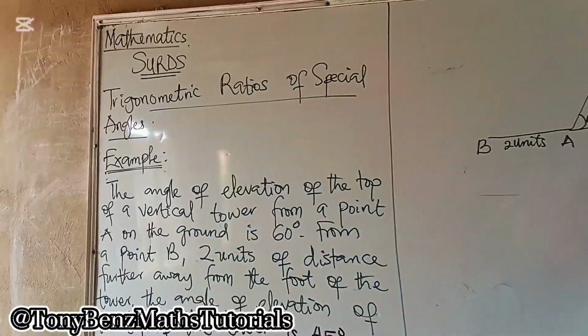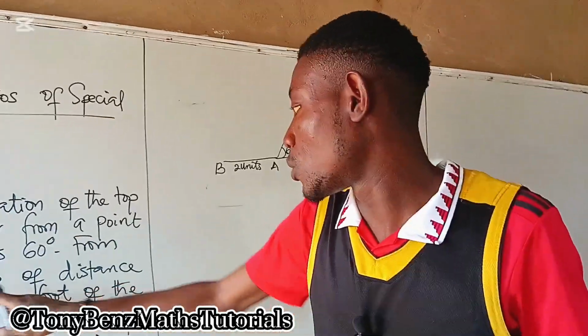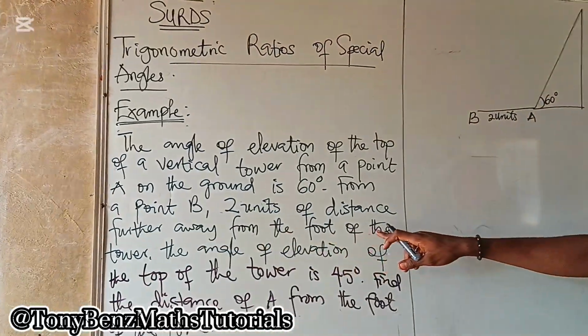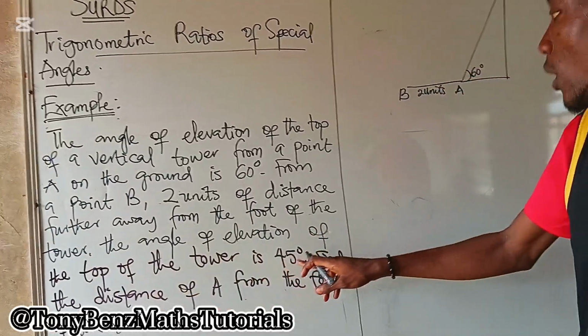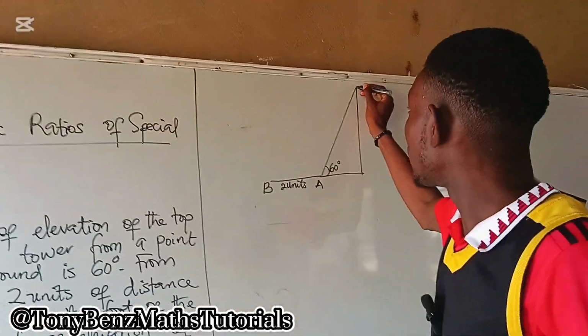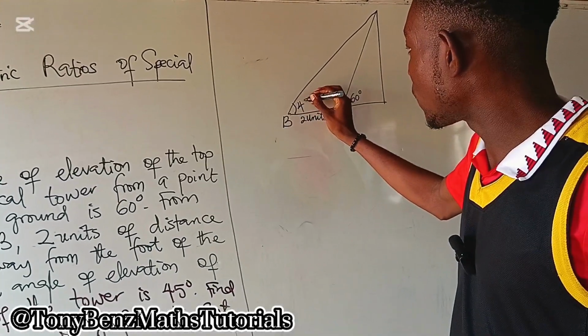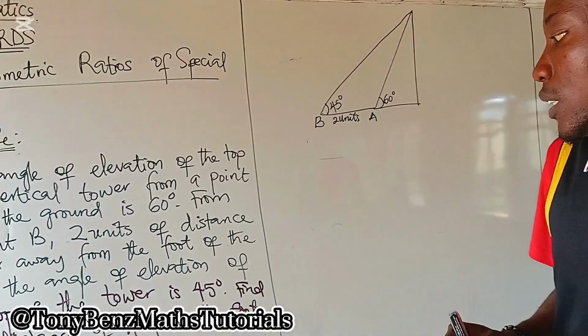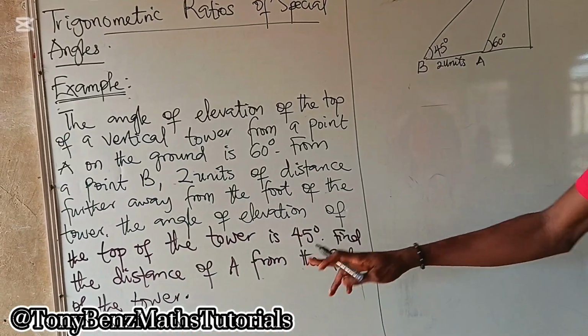Are we getting it? The angle of elevation of the top of the tower is 45 degrees. That means the angle of elevation to here is 45 degrees.